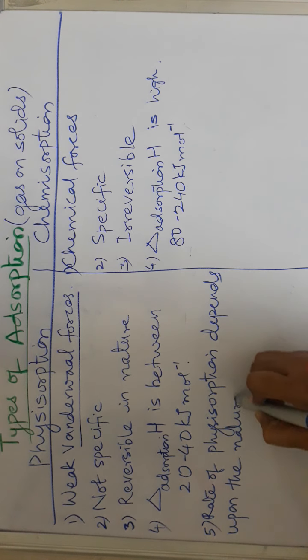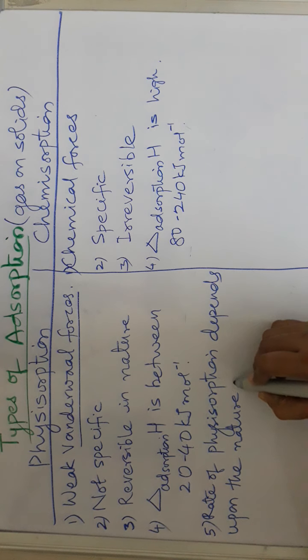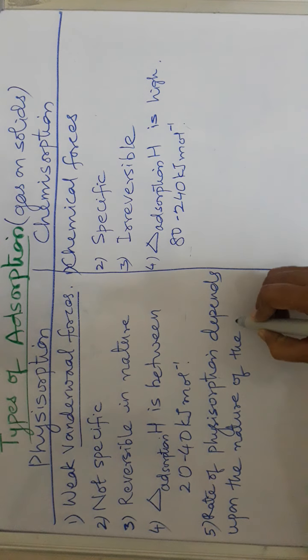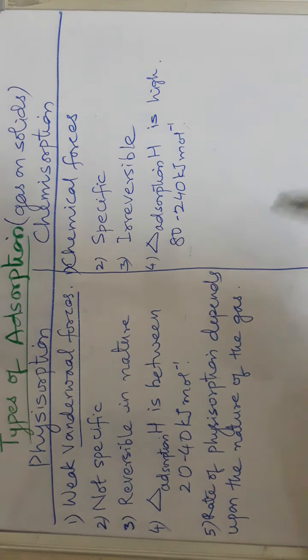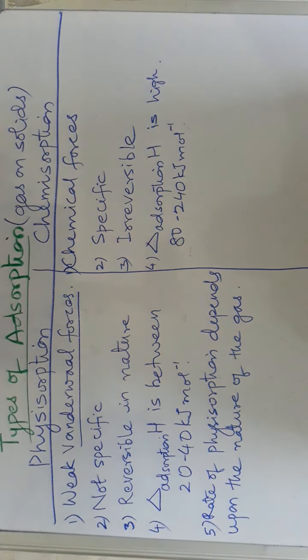As we are discussing these two types of adsorption in case of gas solid adsorption, those gases which are easily liquefiable or which can be compressed easily are adsorbed more. Their rate of adsorption is more.